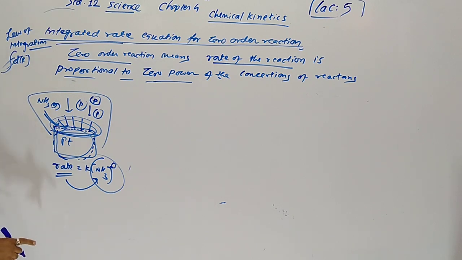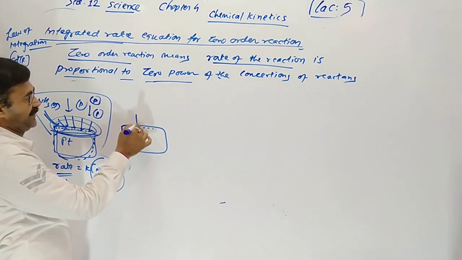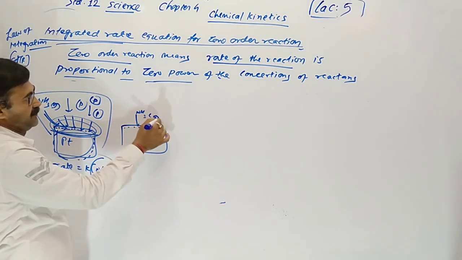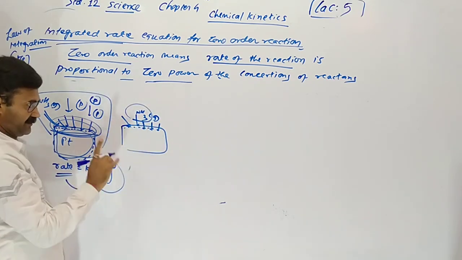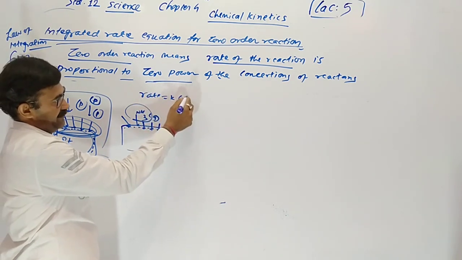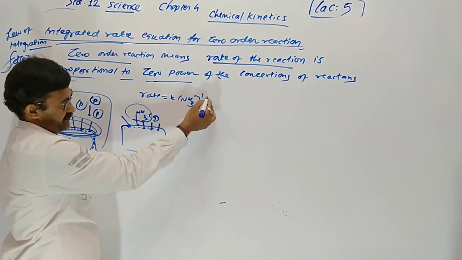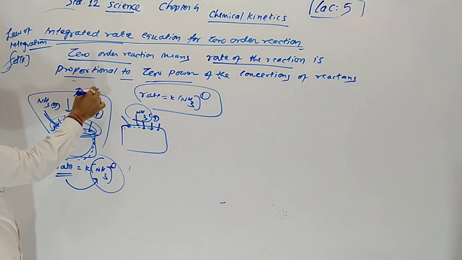Not at low pressure. At low pressure, the holes are still vacant, so absorption of ammonia is continuously going on, and the rate depends upon pressure. So in the initial stage it is first order, but here in the book, high pressure is given.